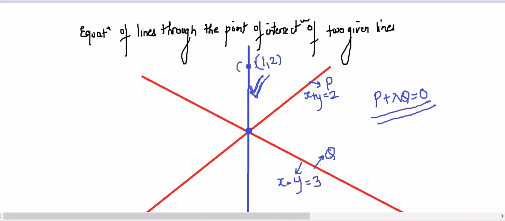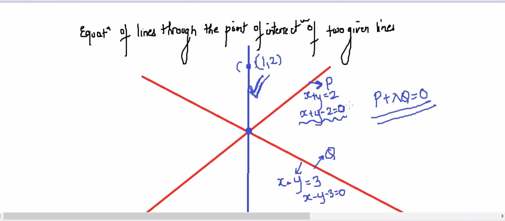So let us say this is the equation of this line and I suppose it to be P. I need to write it in its general form, so x plus y minus 2 equals 0. And converting Q also into general form, I'll get x minus y minus 3 equals 0.